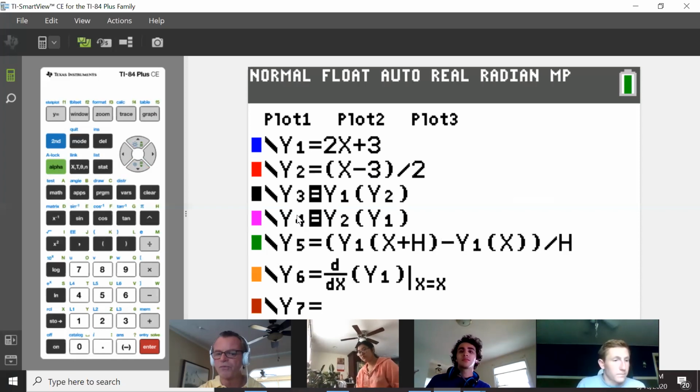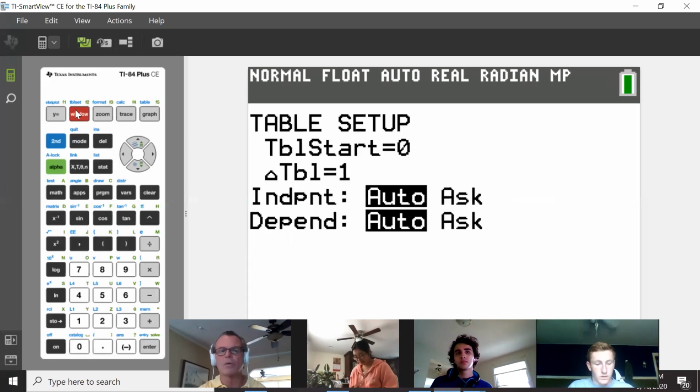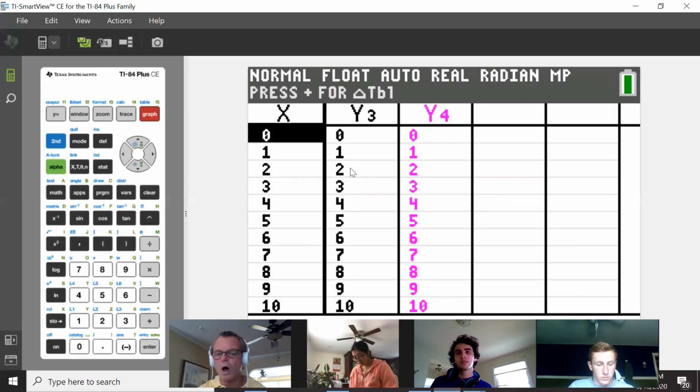So now when I have 3 and 4 on, I go to table set. It doesn't really matter where you are. I'm at 0, 1. Second graph. You notice that y3 and y4 are both generating the input. That goes back to this.